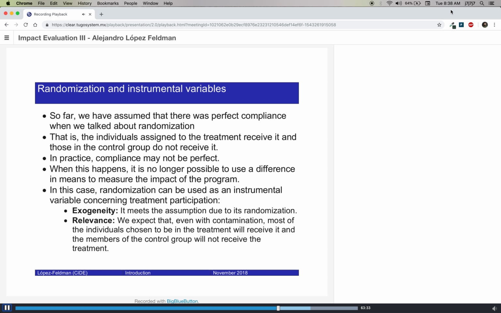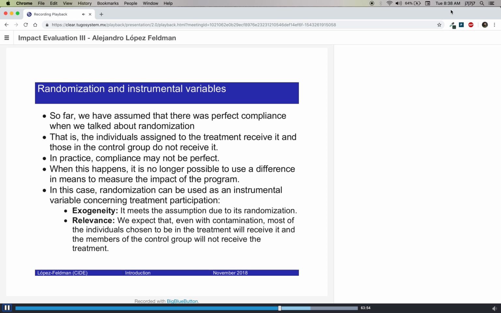And if I said that this was going to be a control group, then maybe this control group would not receive treatment. So what I am defining is the control group, the treatment group, and in practice, this is fulfilled.